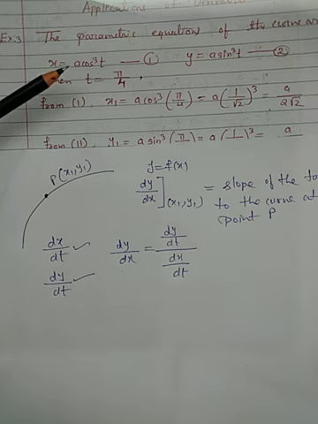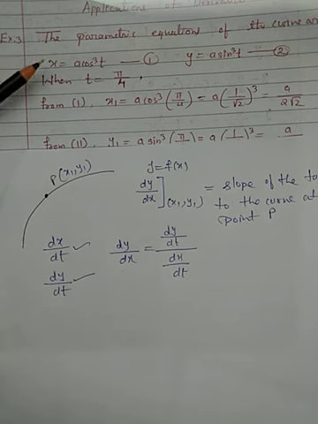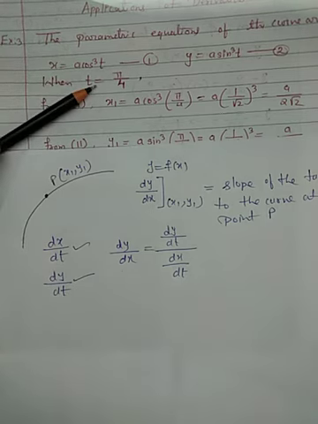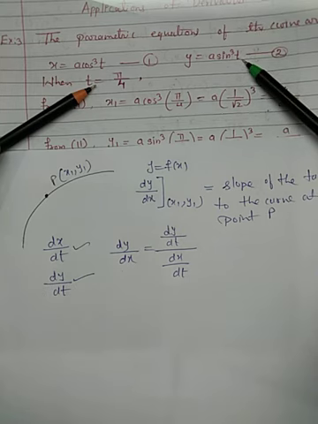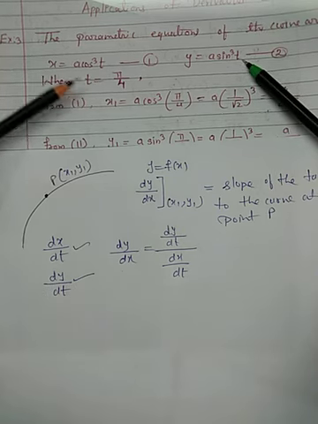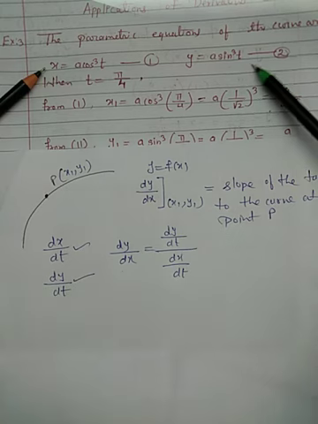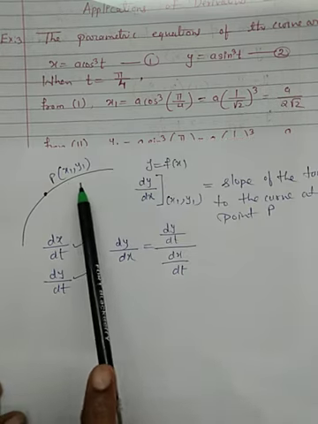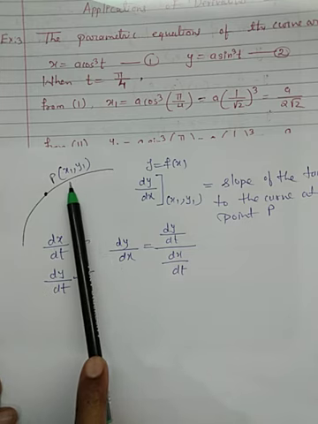I will substitute the value of t in equation 1 and get a particular value of x. I will substitute t equals pi by 4 in equation 2 and get a particular value of y. That means the x coordinate and y coordinate. I will get the particular point x1, y1, where I want to find the equation of tangent.